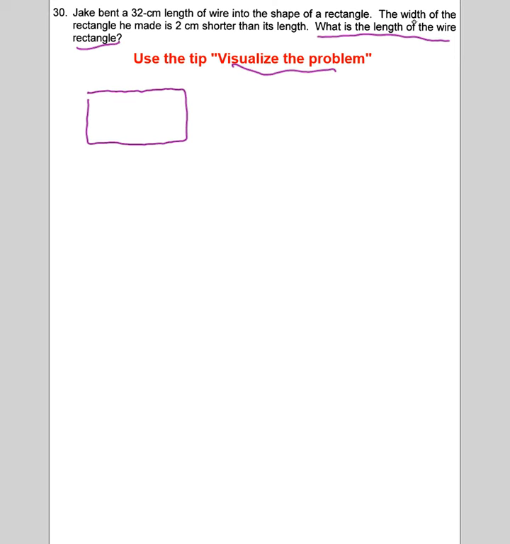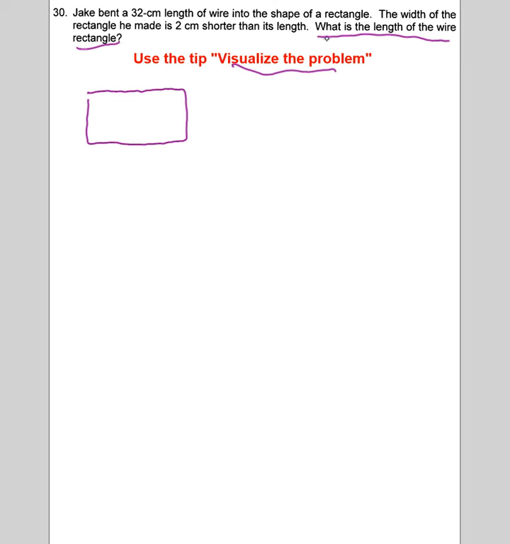So we look for some hints in here, because once you've drawn a picture, you want to label it. And you can label these things any way that makes the most sense to you. What makes sense to me is to start by assigning a variable.